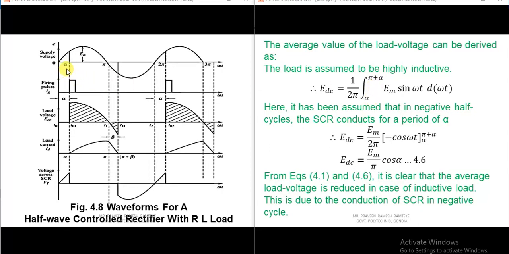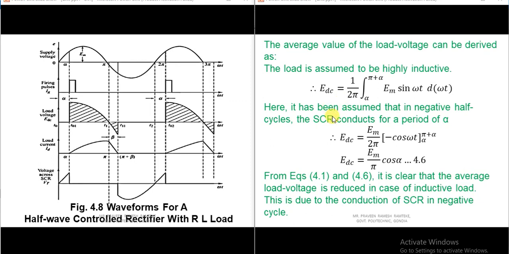If you look at the waveform, we will get the output voltage from alpha to pi plus alpha, because the inductive current is not reduced to zero all of a sudden, and we are getting a negative voltage also. That's why we have taken alpha to pi plus alpha: up to pi is the positive half cycle, but we are getting the output till pi plus alpha, from time interval t1 to t11.